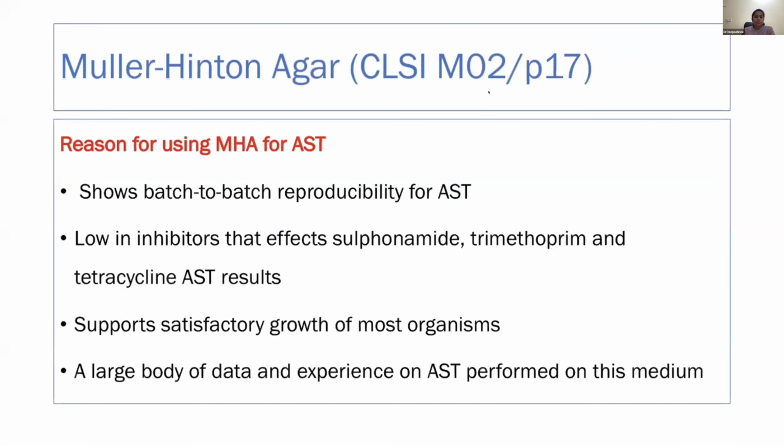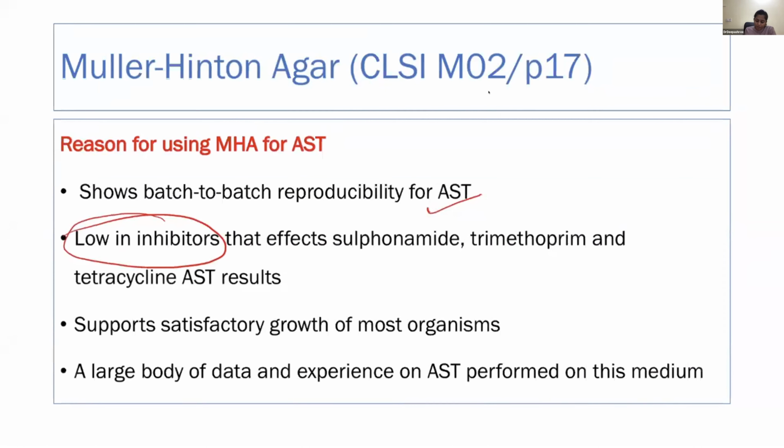Okay, so sir has already told us why we use Muller-Hinton Agar. It's very important to understand, as sir has enlisted all these reasons. One is it shows batch to batch reproducibility for AST. It's low in inhibitors. If there are inhibitors, it affects the results, more commonly for cotrimoxazole, trimethoprim, sulfonamide, and also tetracycline.